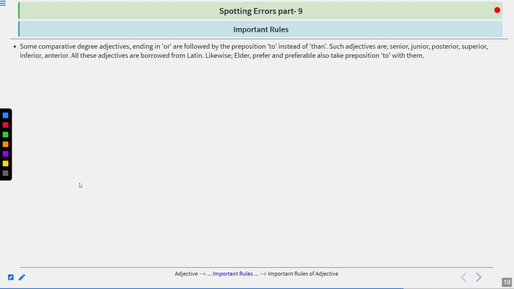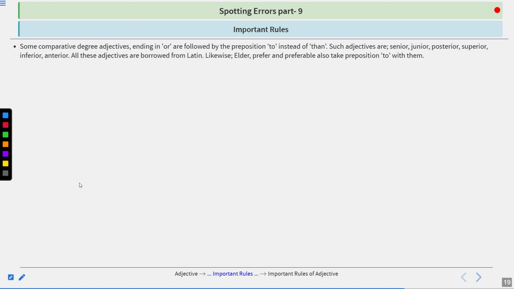Important rules. Some comparative degree adjectives ending in -or are followed by the preposition to instead of than. Such adjectives are senior, junior, posterior, superior, inferior, interior. All these adjectives are borrowed from Latin, which came before English.